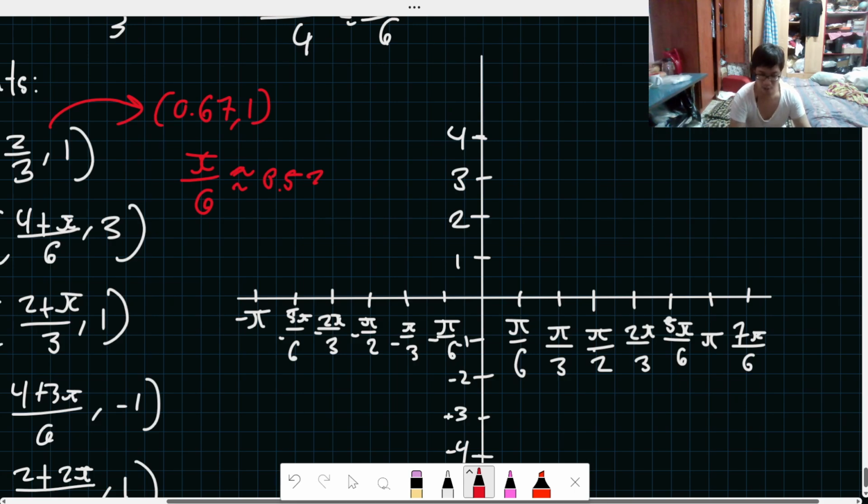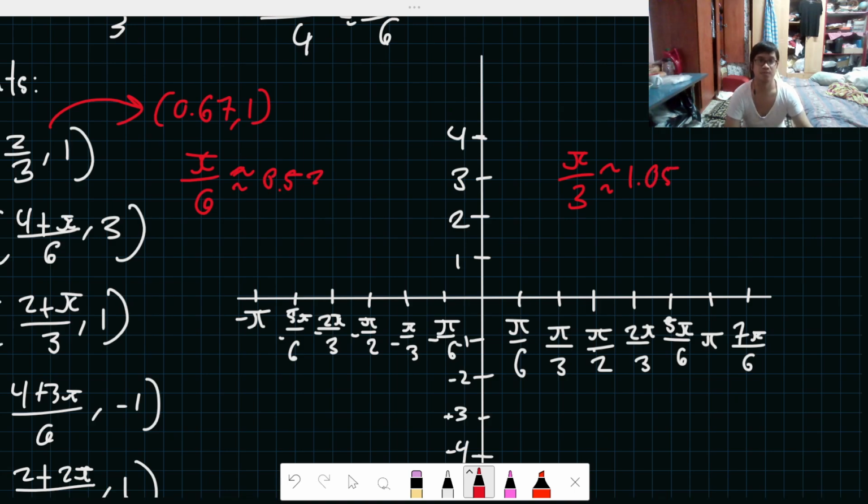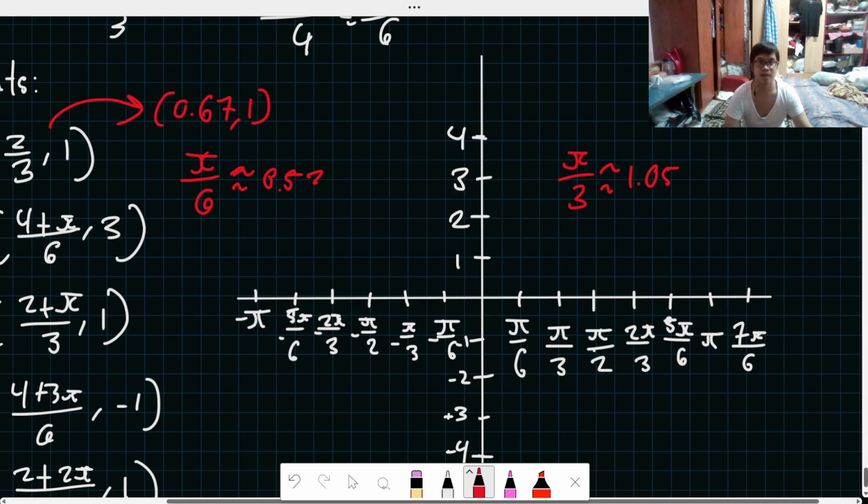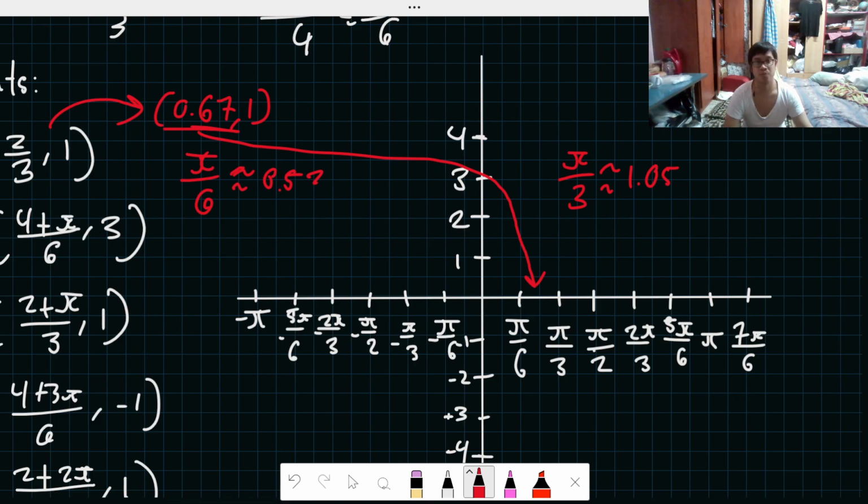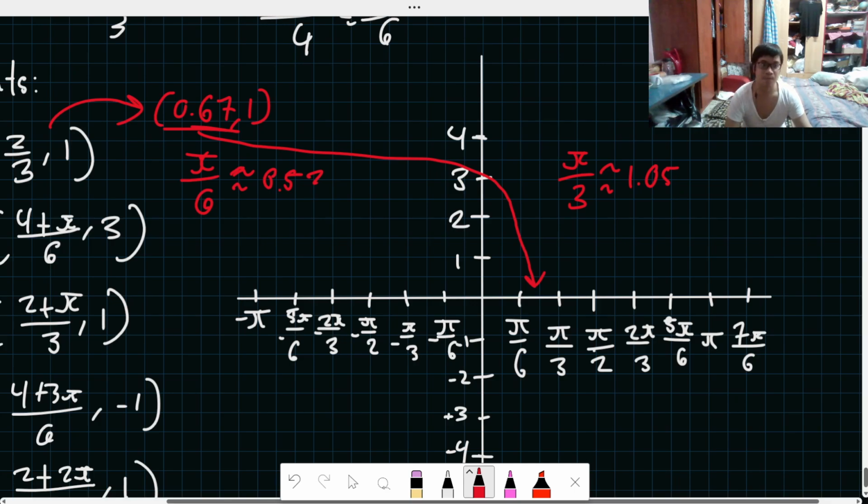Then pi all over 3 is approximately 1.05. So what I'm trying to say is that 2/3 or 0.67 is located somewhere between the two. Now, which x integer here is closer to 0.67? Is it pi all over 6 or pi all over 3? It's pi all over 6.